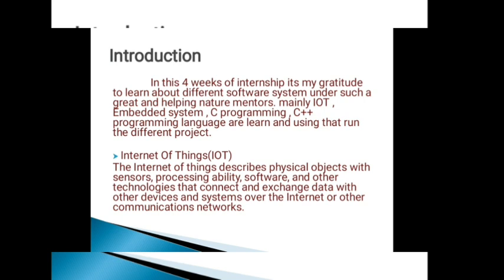Internet of Things, IoT. The Internet of Things describes physical objects with sensors, processing ability, software, and other technologies that connect and exchange data with other devices and systems over the internet or other communication networks. The meaning of this is, let's take the example of Wi-Fi.